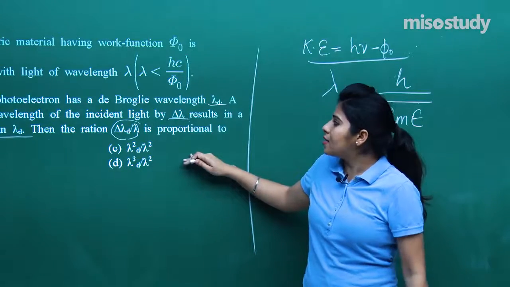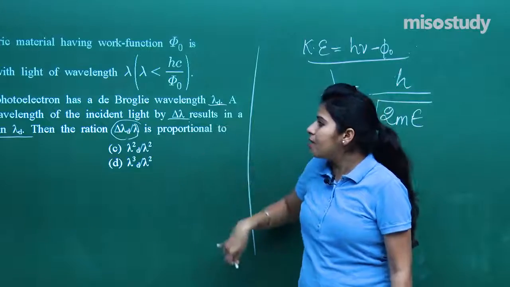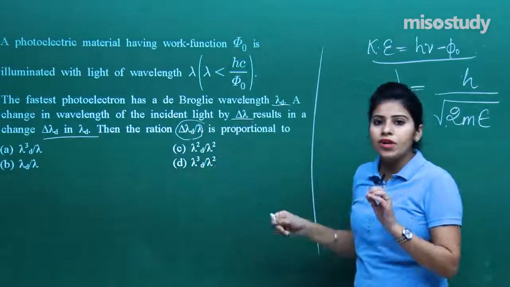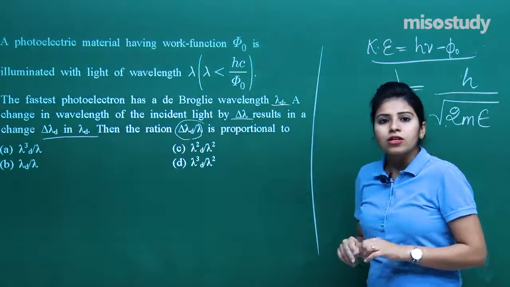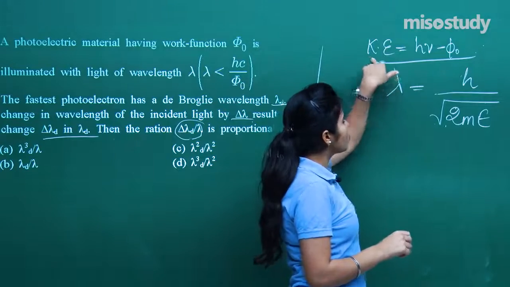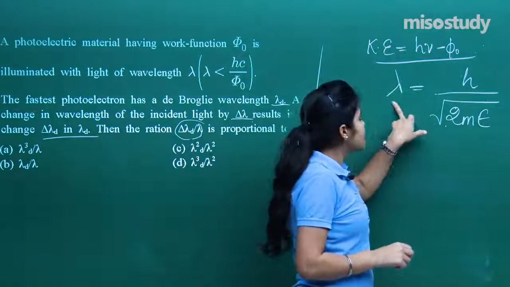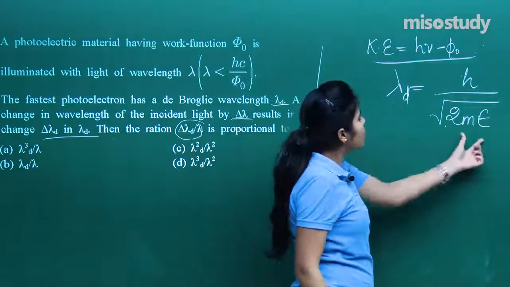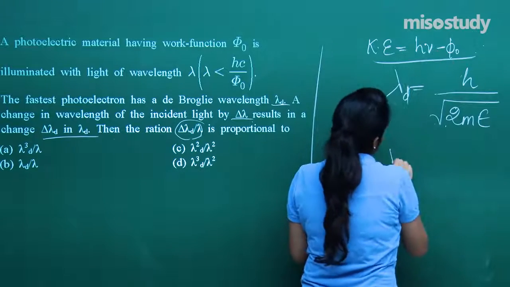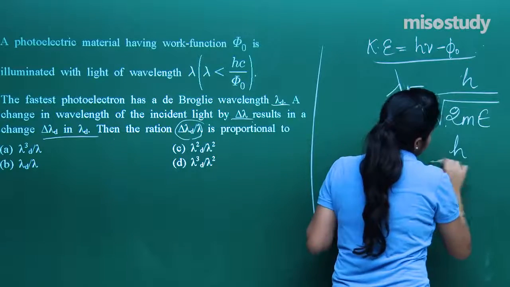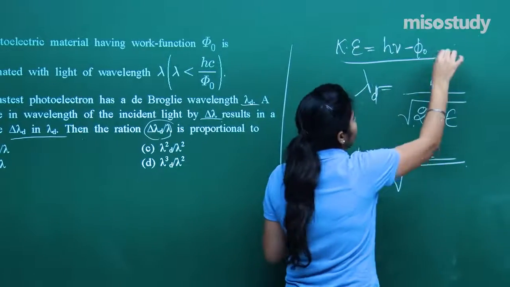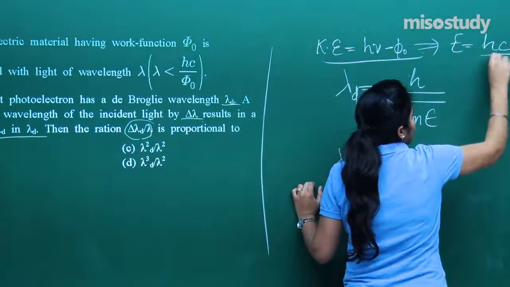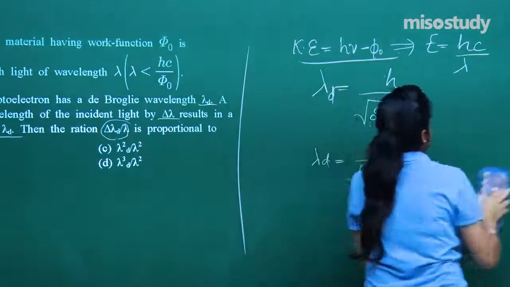Now from this I can see that we should be having lambda d, that means the wavelength of the fastest photoelectron, right? So the wavelength of photoelectron will be in this equation. This can be written as d. Now put the values: lambda d equals h upon under root 2mE. Now firstly convert this equation as E equals hc by lambda minus phi naught.